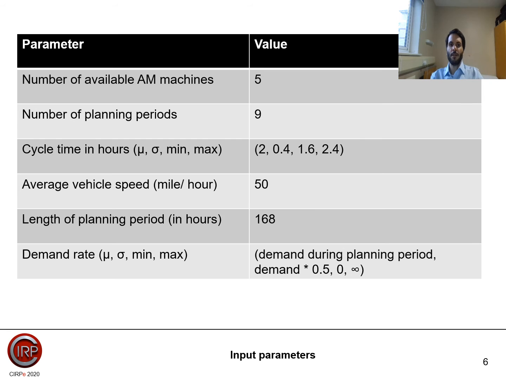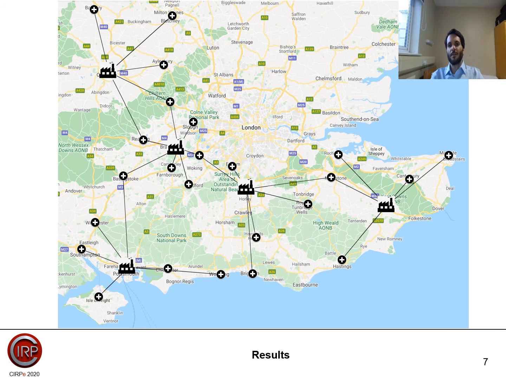Now, this slide here shows the input parameter values used for the framework's models, along with the probability distribution shape parameters.